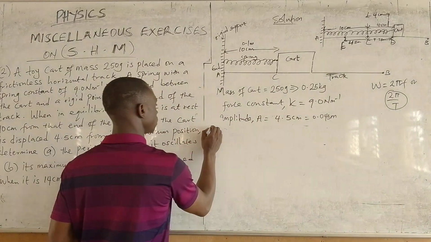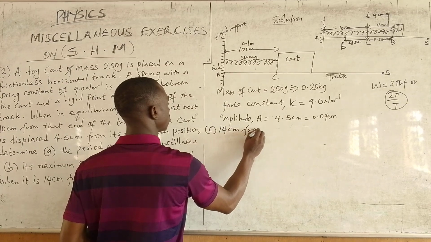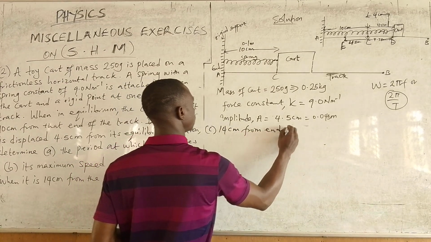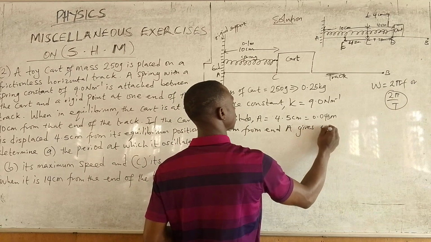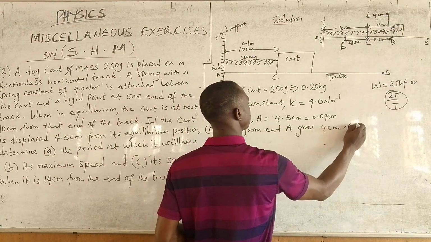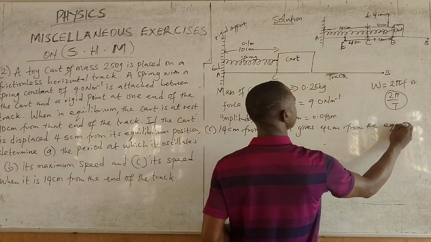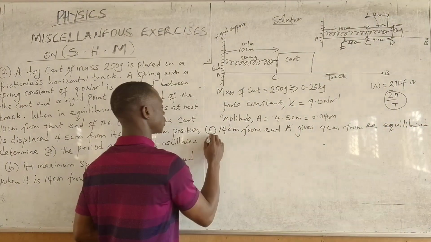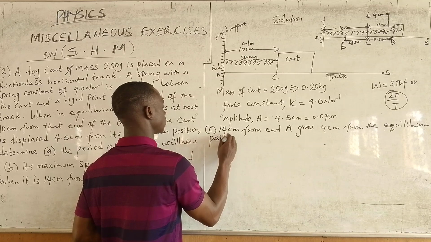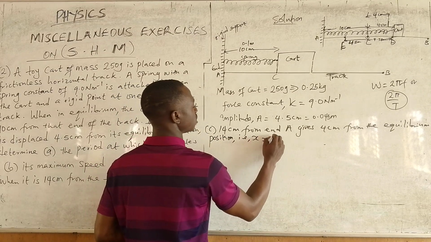So C, 14 centimeter from end A gives 4 centimeter from the equilibrium position. That is x equals 4 centimeter.